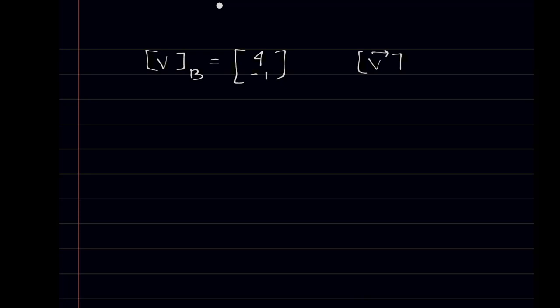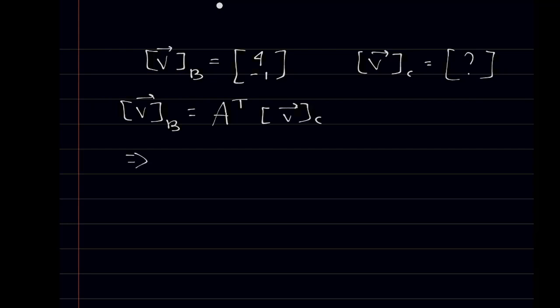But I said, if you know the matrix that transforms the basis, its transpose will help you find V in C. But you need to write it in a certain way: the old coordinates here and the new coordinates here. Now what was A? As you remember, it was [0, 1; 1, 0]. What is A transpose? I think you'll get the same matrix. It was a trivial example.